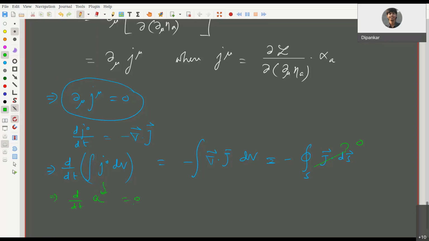Usually when you write the 4-current vector, perhaps I told you before also, j mu is written as rho and j.